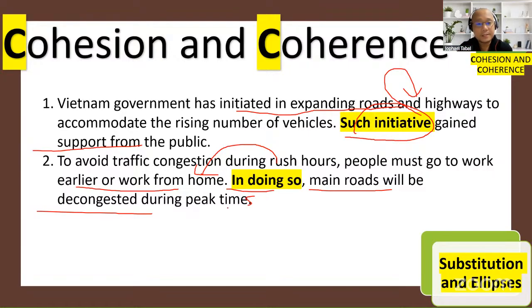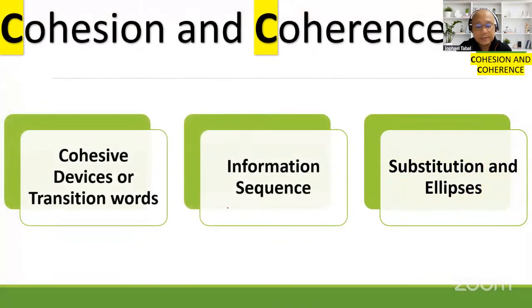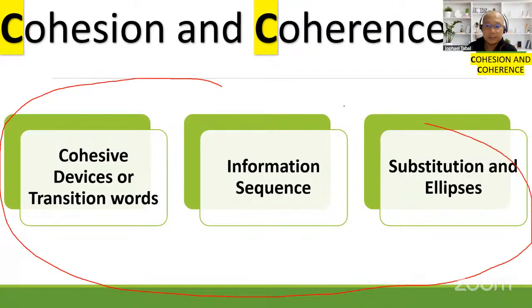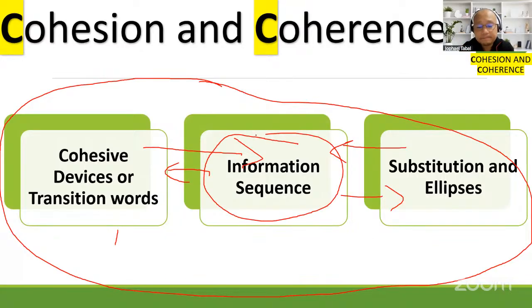And I think there are more examples in textbooks about information sequence and substitution and ellipsis. So again, these three constitute the three main criteria for cohesion and coherence. And again, they are not independent, they are interdependent, interrelated, interconnected. I think the main one is information sequence. Substitution and ellipsis is basically equal to synonyms.